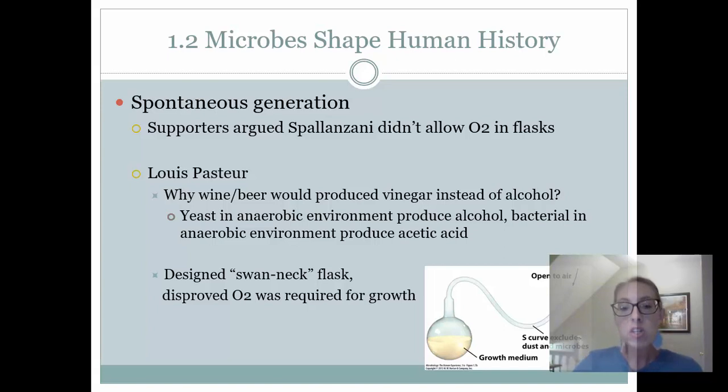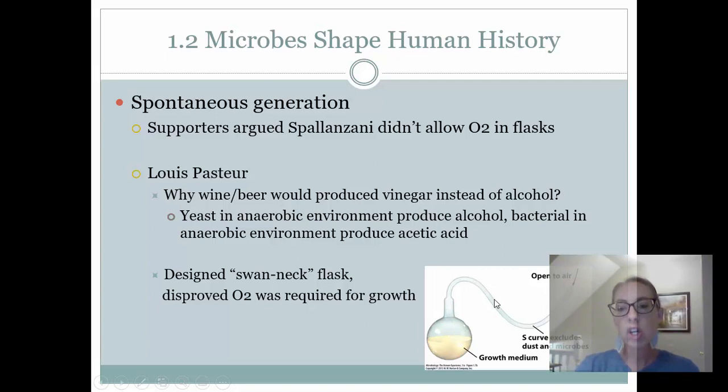So what we have here is very much a similar setup to what Spallanzani had. We've got a broth down here that we're going to heat up, and we're going to sterilize it. Again, we don't use that term at this point in history, but we know that heating is going to make it so that nothing grows.